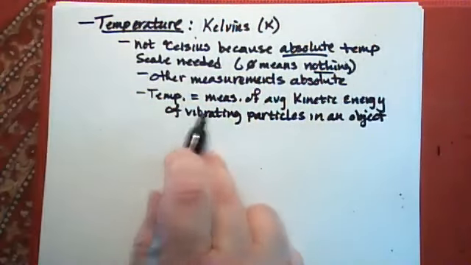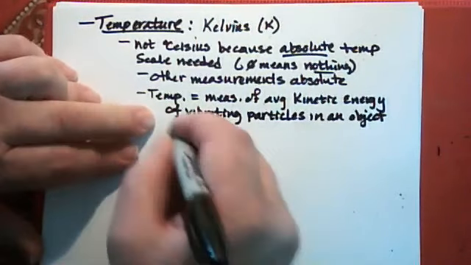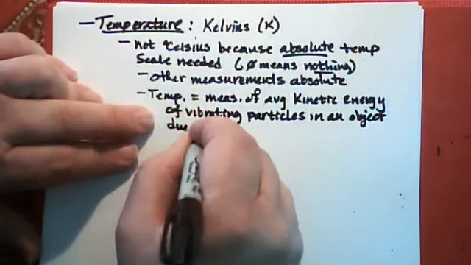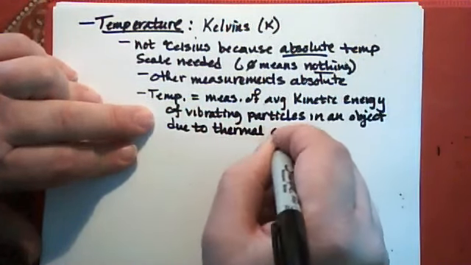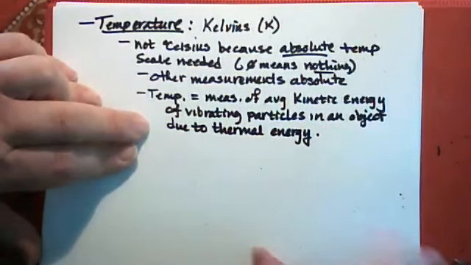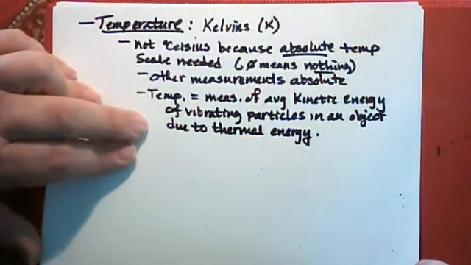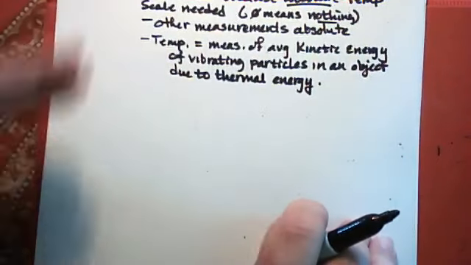Okay, so temperature is a measurement of the average kinetic energy of the vibrating particles in an object. And they're vibrating because of thermal energy. So heat causes the vibration. The more heat there is, the more vibration there is.